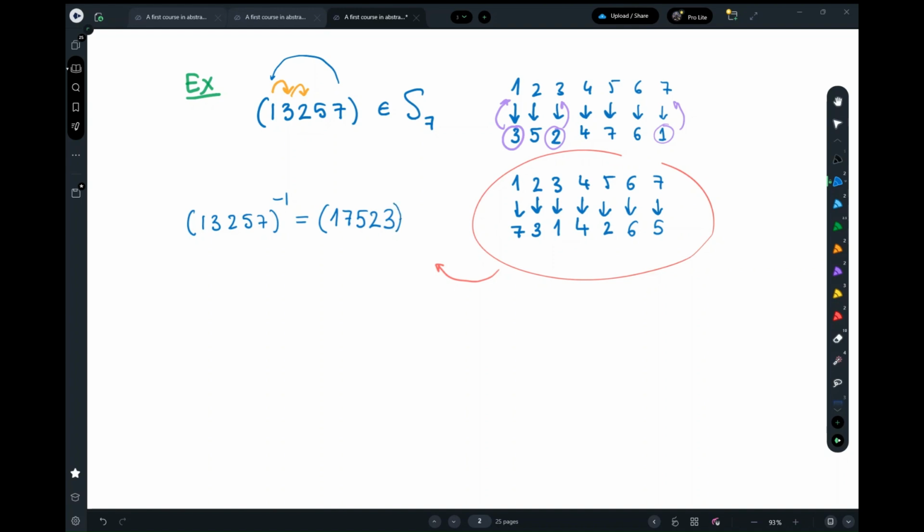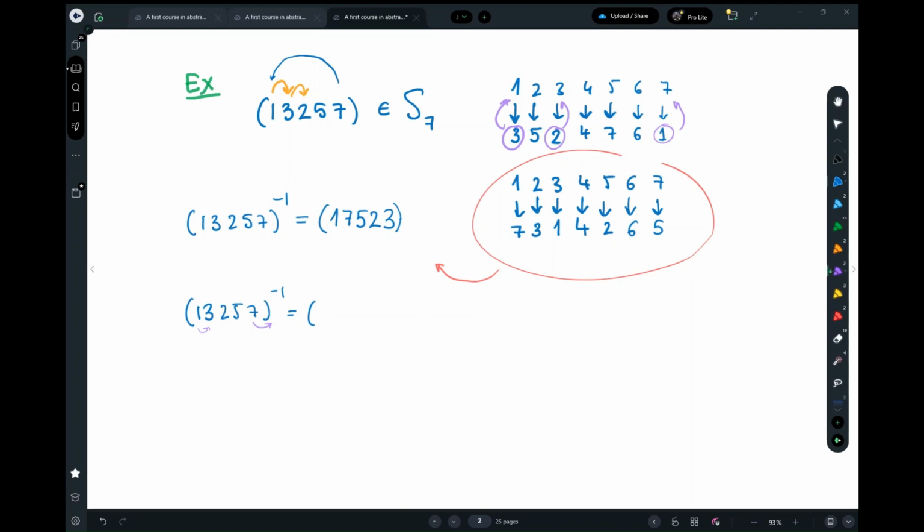Now, notice that I could have done that straight from (1 3 2 5 7). If I want to avoid this whole thing, I don't need to write all of that. I can just write the inverse: in the map itself 1 goes to 3, what I want to see is what mapped to 1, and 7 mapped to 1. So I just have to reverse that.